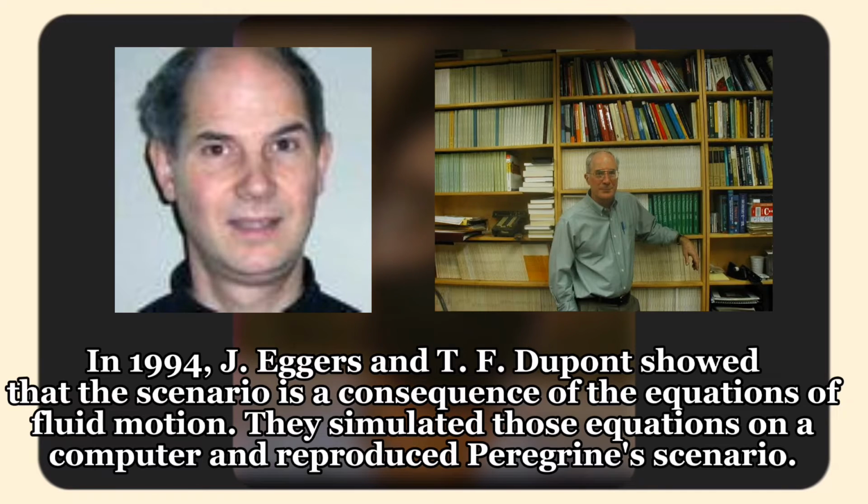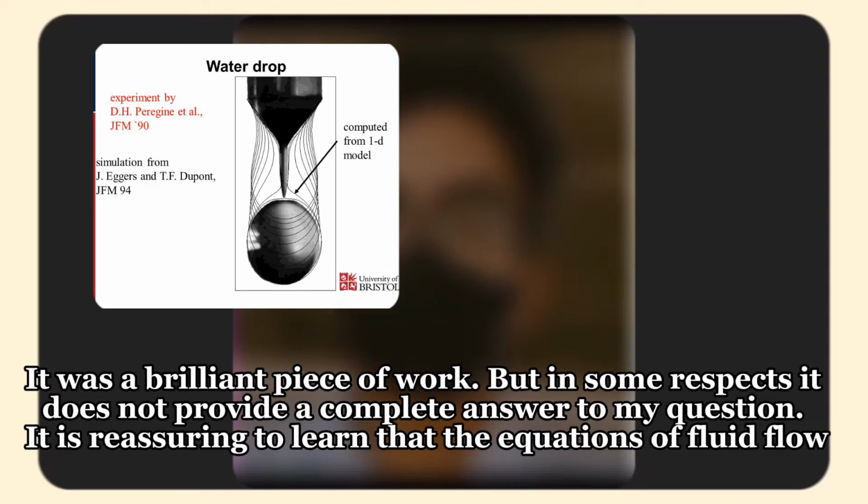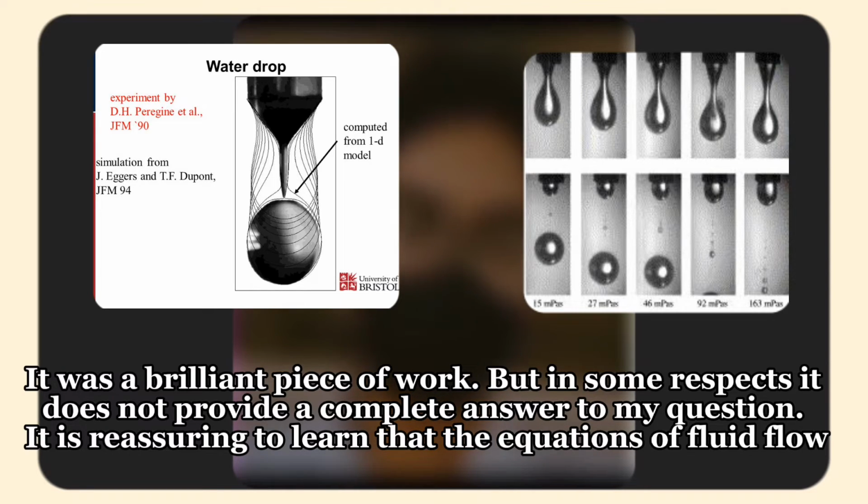In 1994, J. Eggers and T. F. DuPont showed that the scenario is a consequence of the equations of fluid motion. They simulated those equations on a computer and reproduced Peregrine's scenario. It was a brilliant piece of work, but in some respects it does not provide a complete answer.